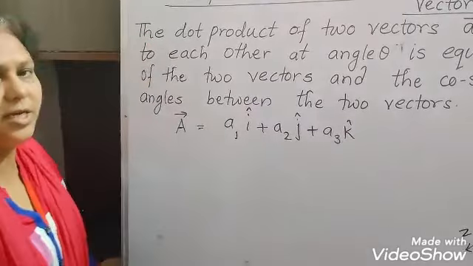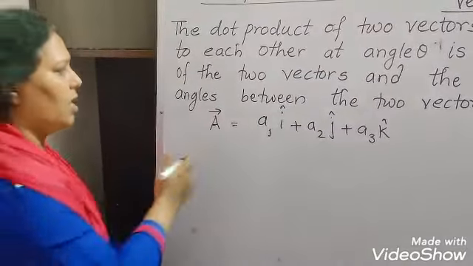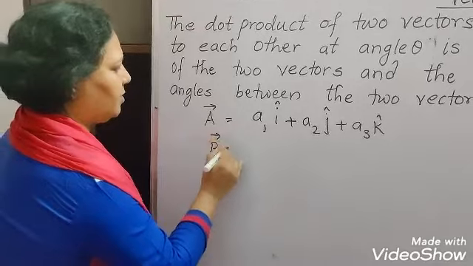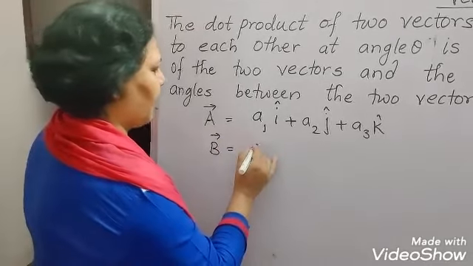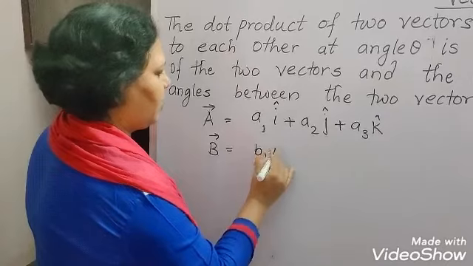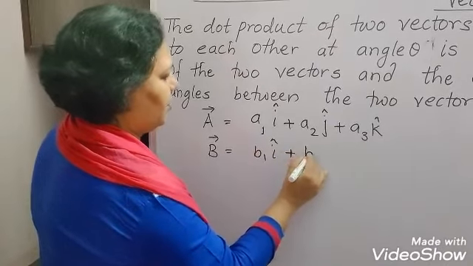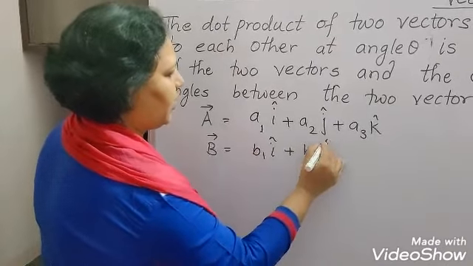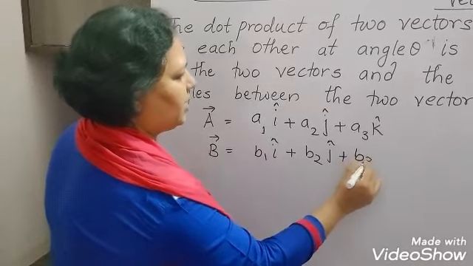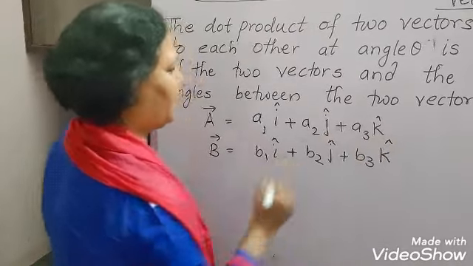This is in 3 dimension I am taking here. Okay, and B vector we are taking here as B1 i cap plus B2 j cap plus B3 k cap.